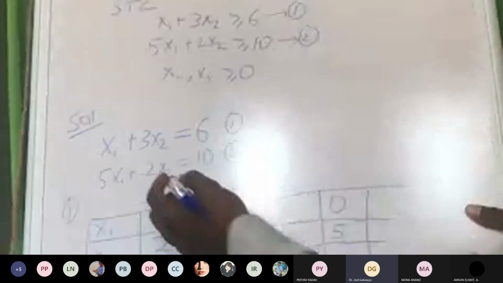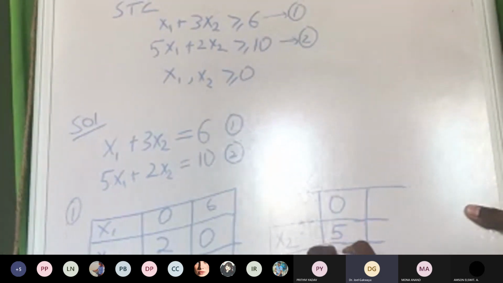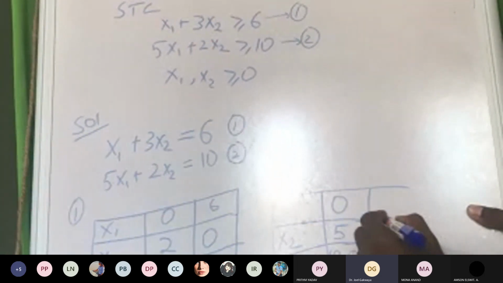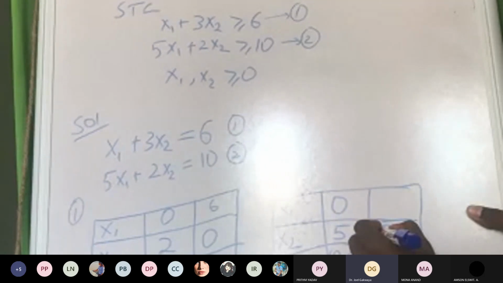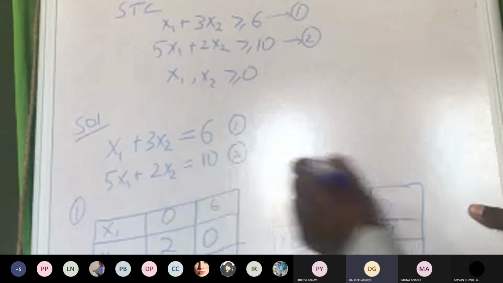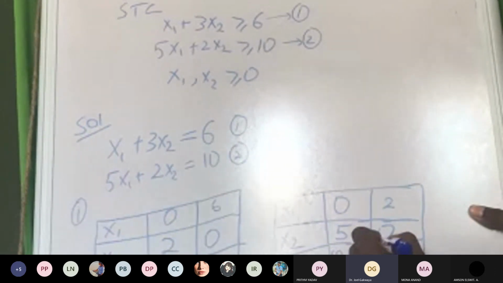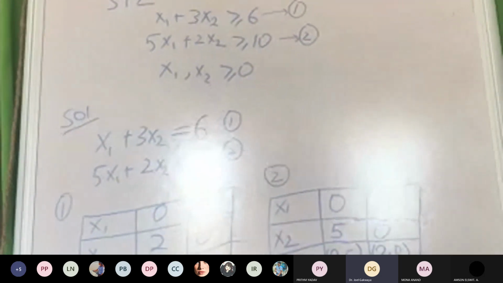Are we together? Yes, 5. So the coordinate is 0, comma 5. Where x2 is equal to 0, what is the value of x1? The value is 2. So the coordinate is 2, comma 0. Correct.